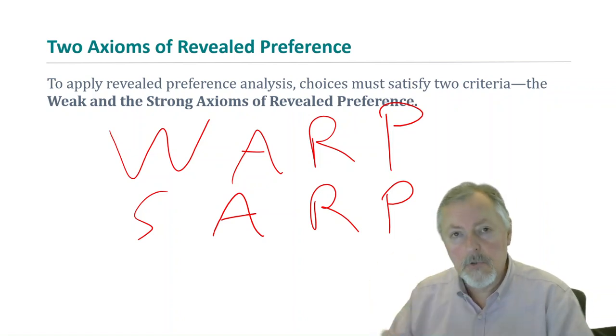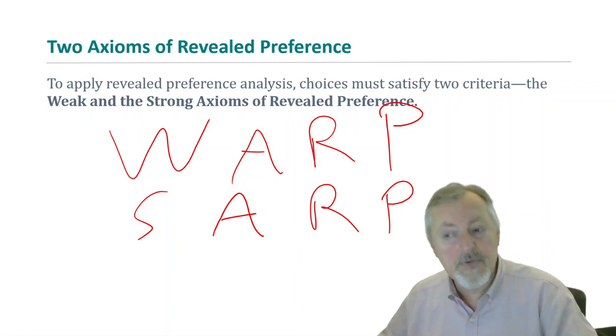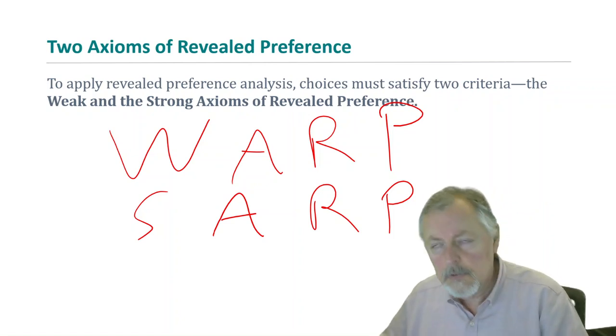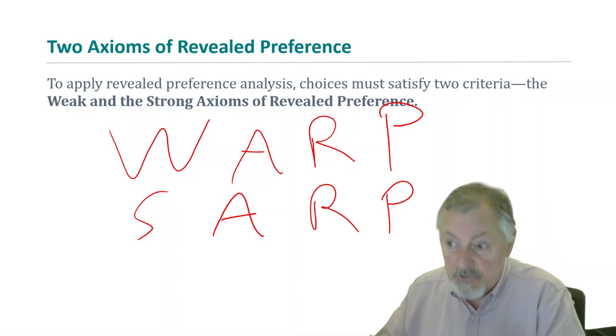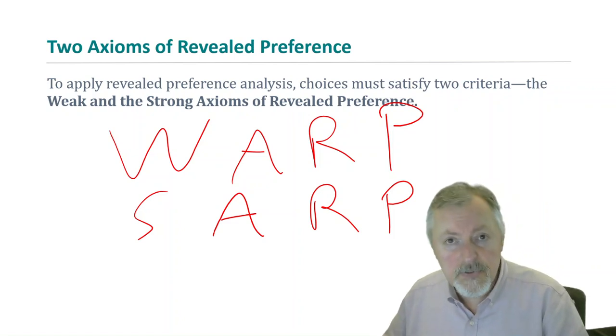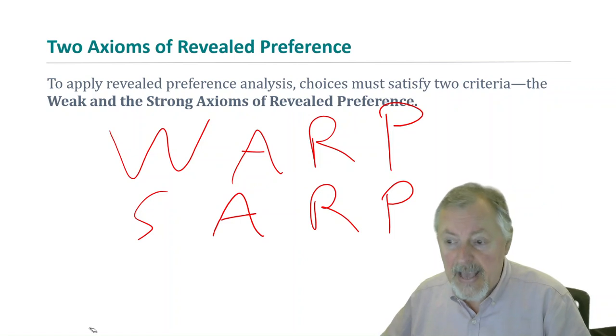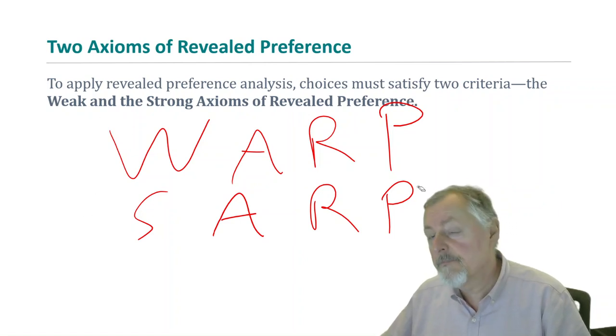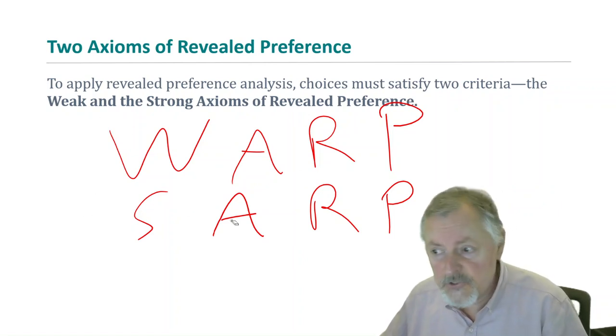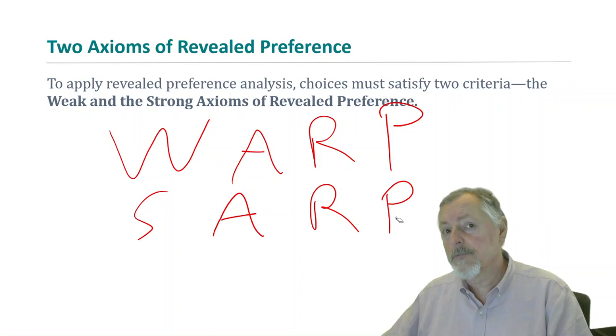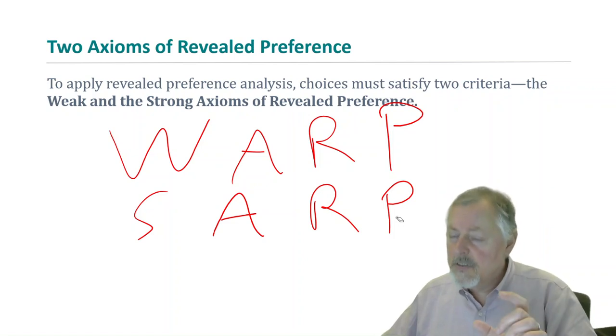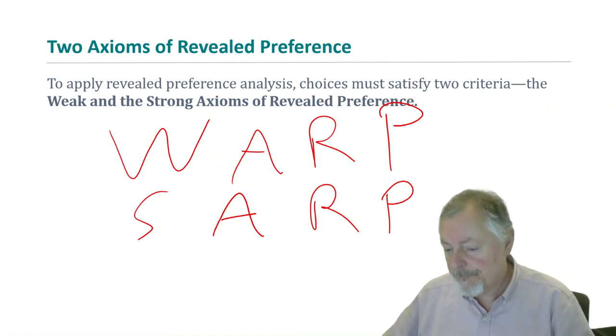You can look at choices, revealed preferences, either directly or indirectly revealed, and see: does this person's set of choices obey the weak axiom of revealed preference? Does it obey the strong axiom? The strong axiom is a little stricter criterion.